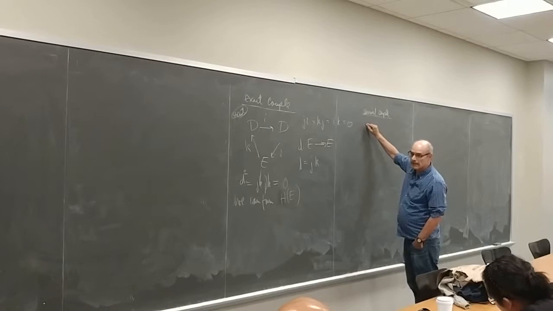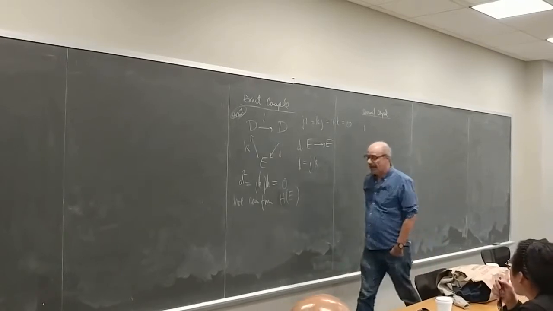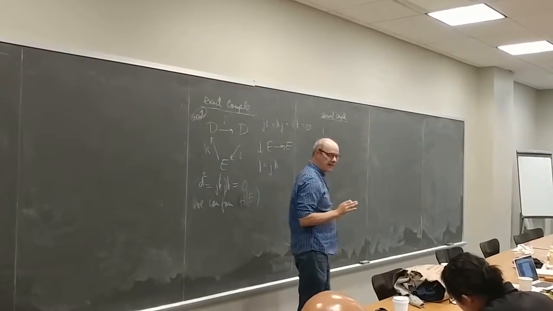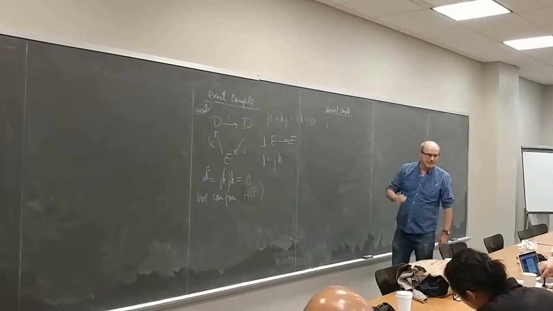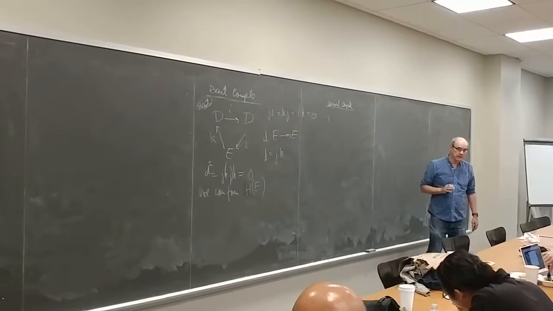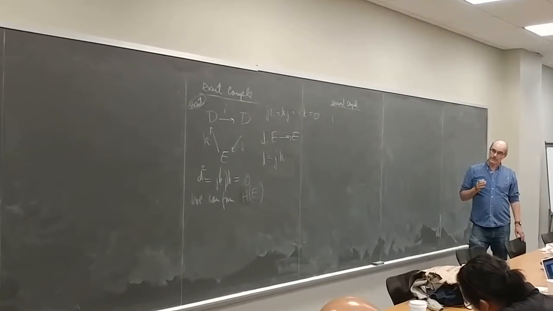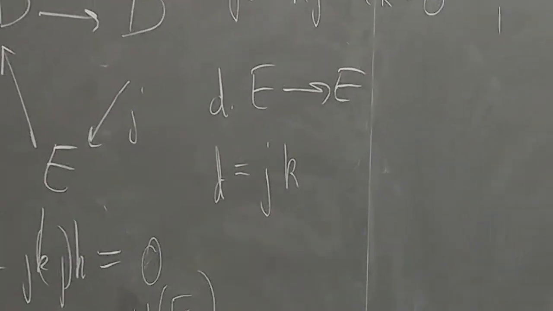And none of these are graded. I haven't said anything about gradings yet. But very soon I'm going to suppose that they are graded. In practice, when you have an exact couple, the groups involved tend to be graded, typically, not always.